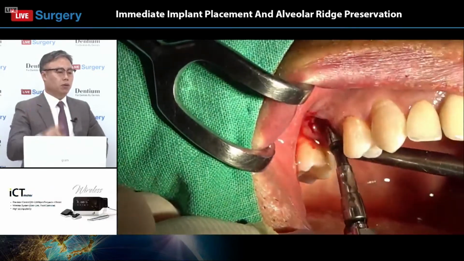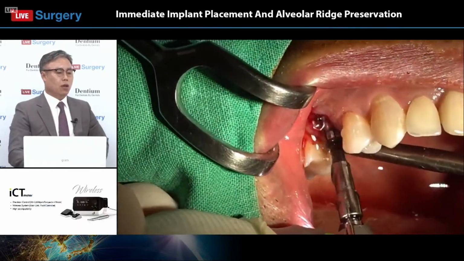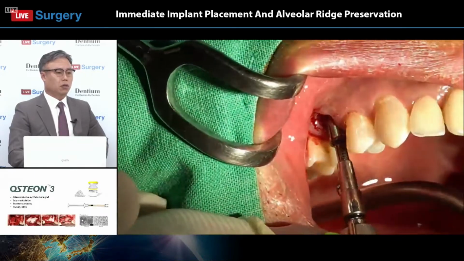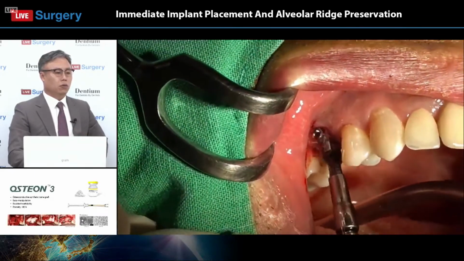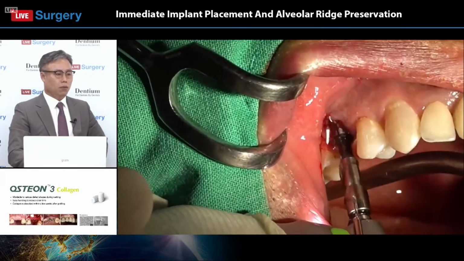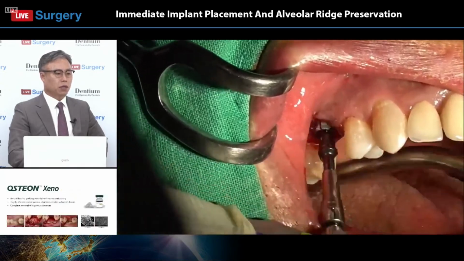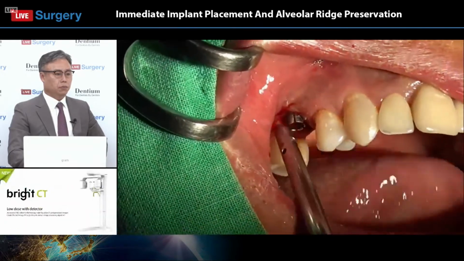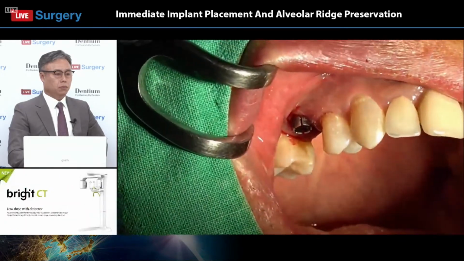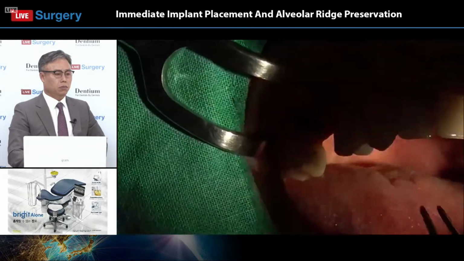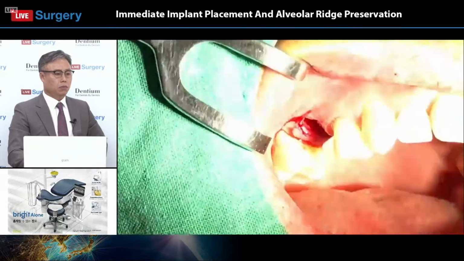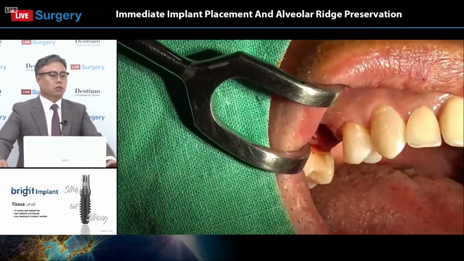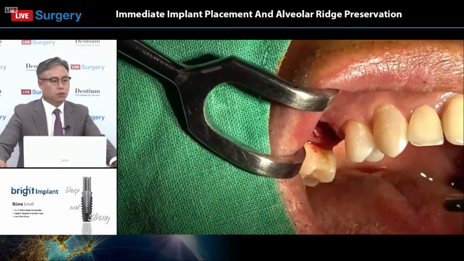But in the premolar area, we usually place the implant in the middle. It's good for a better long-term result, and also using the stopper for depth control.